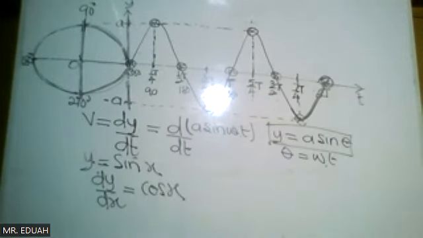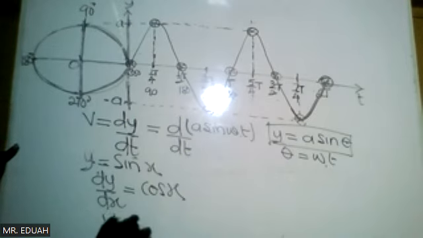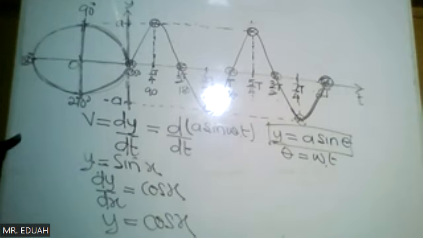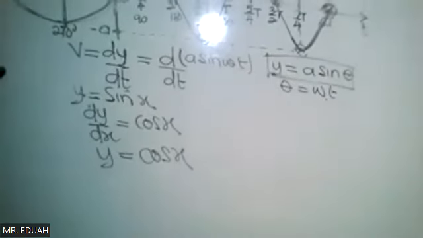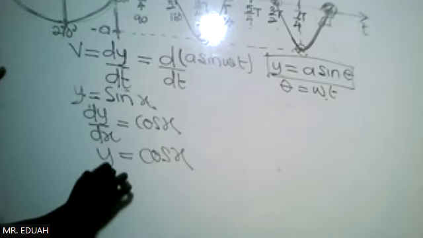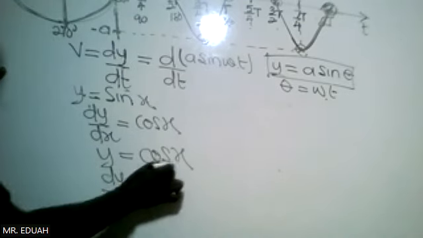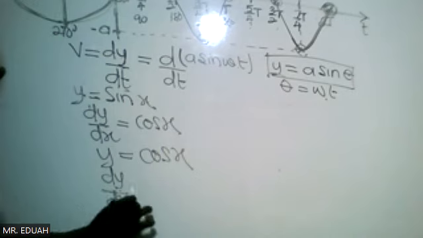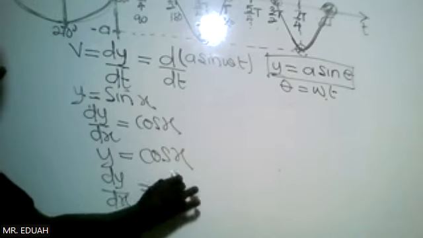It's a formula. Now, if you have y is equal to cos x, a cosine function, and you have to differentiate, the differential of a cosine function, where the angle is x, is equal to a negative of sine.